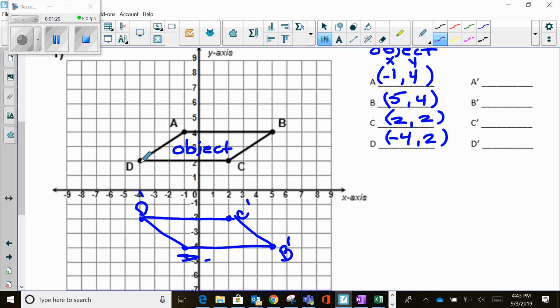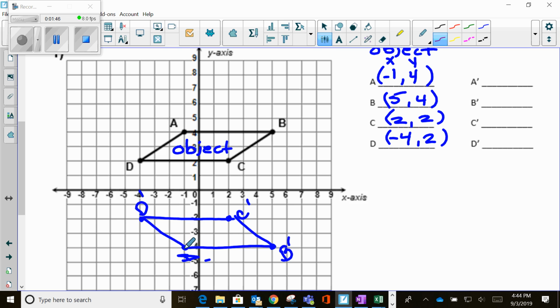In order to reflect over the x-axis, the object and the image should be the same distance from the x-axis. So if point A was 4 units above the x-axis, the reflected image would be 4 units below the x-axis on the same line.